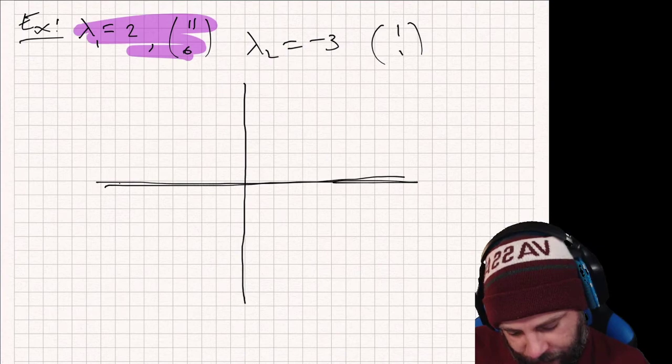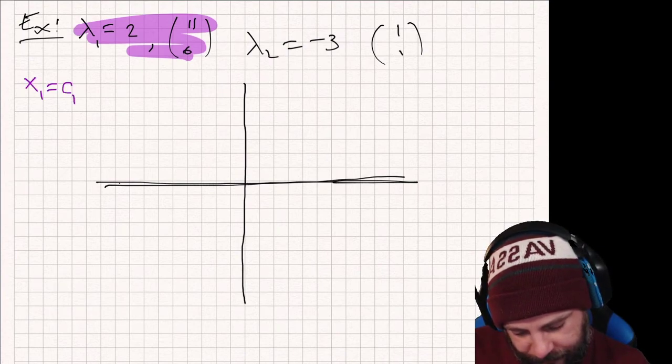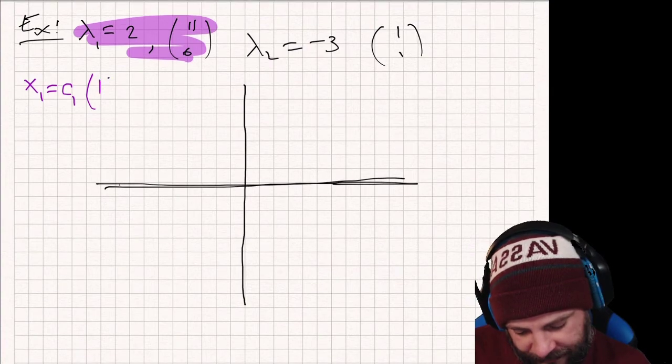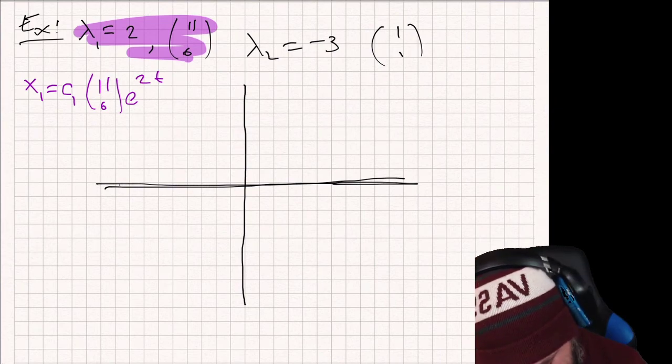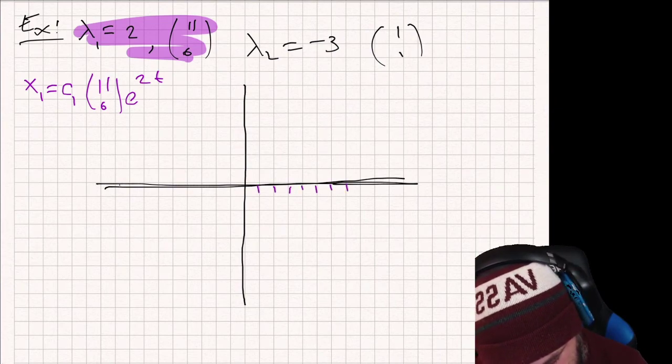Now, what that means is that my first solution looks like C1 (11, 6) e to the 2t. So let's find (11, 6) here. 1, 2, 3, 4, 5, 6, 7, 8, 9, 10, 11. 1, 2, 3, 4, 5, 6.